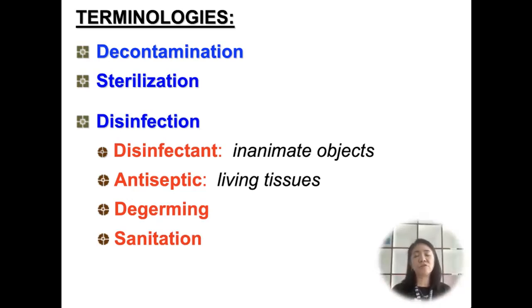Disinfectant lang. Now, the term degerming means to remove materials that may harbor germs, no? So pwedeng yung naghuhugas ka ng plato, naglilinis kayo ng inyong CR, that's degerming. Sanitation naman is a general term which we use to make sure that your living quarters, your environment is free from dirt.